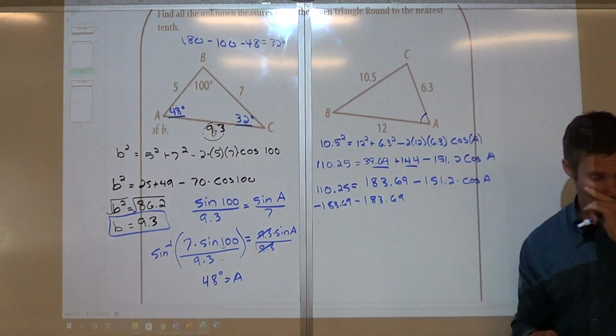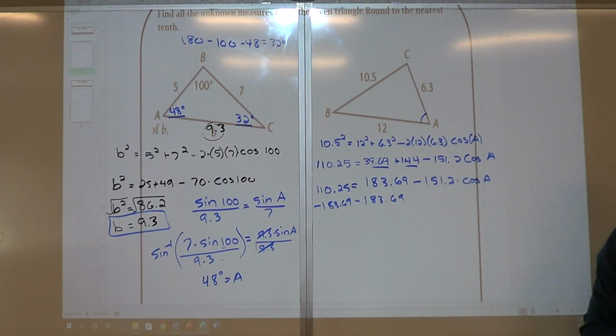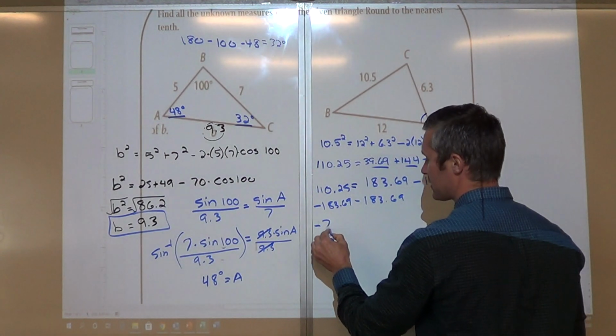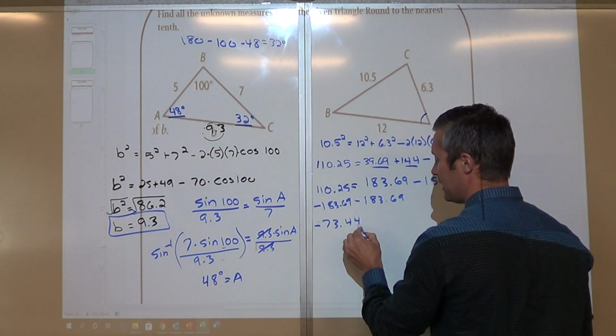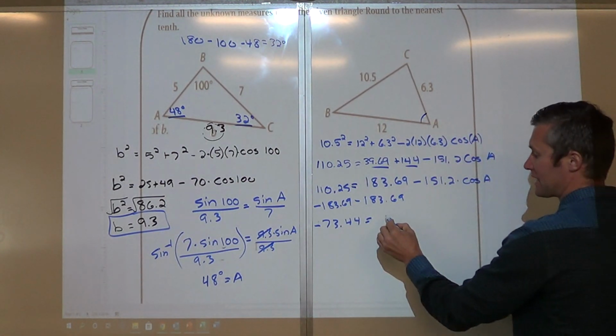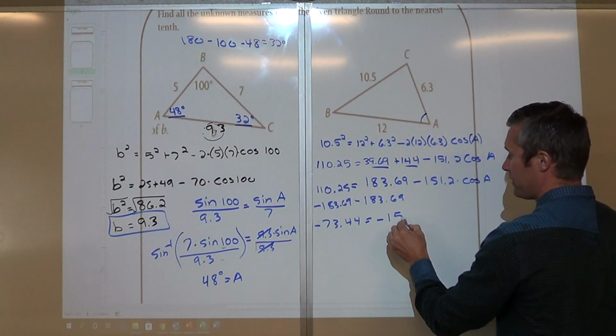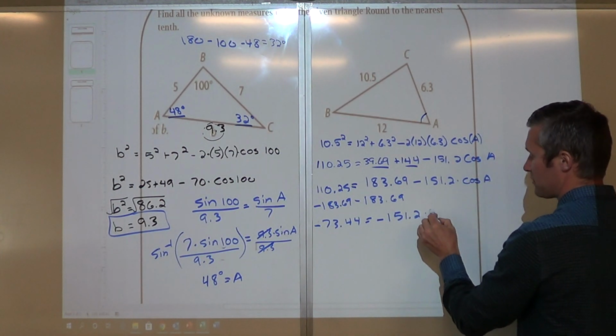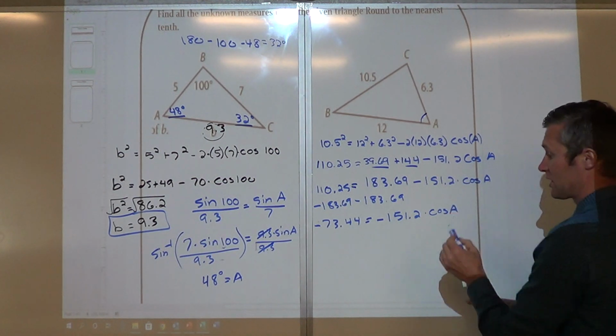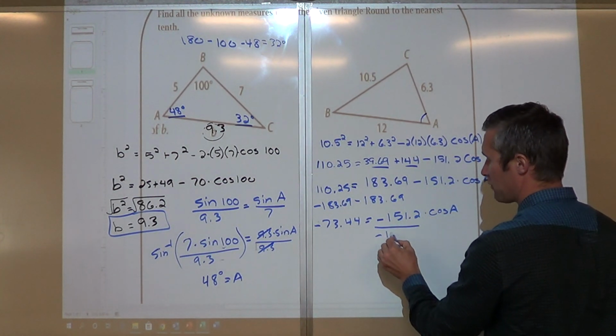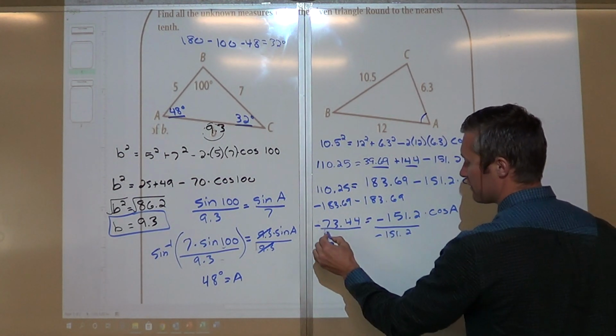So then I subtract this 183.69 from both sides. And so when we do that, we get negative 73.44 equals, keep the sign with that, negative 151.2 times cosine A. So it's times cosine, so I divide by negative 151.2.